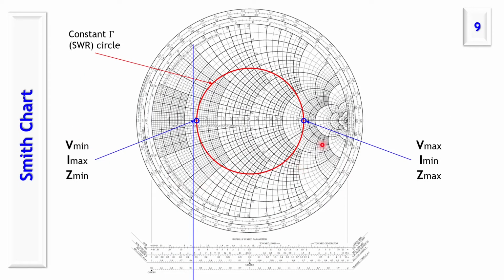Also, the input impedance is, again as I said, periodic by 0.5 lambda. So if you start at any point and you rotate by 0.5 lambda, you will come back to the same point.